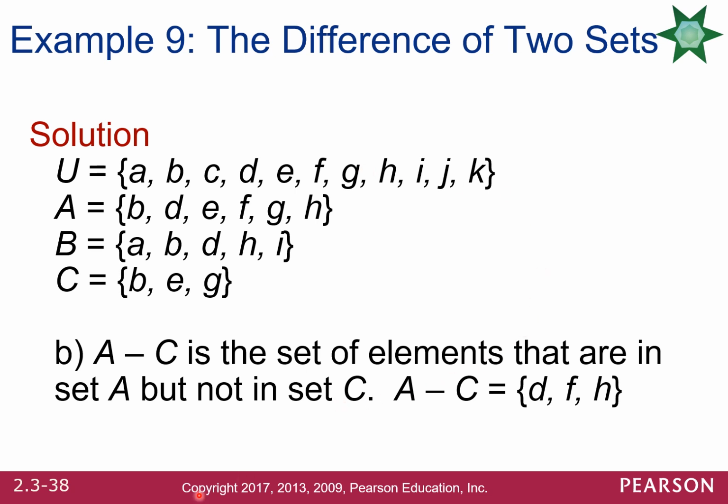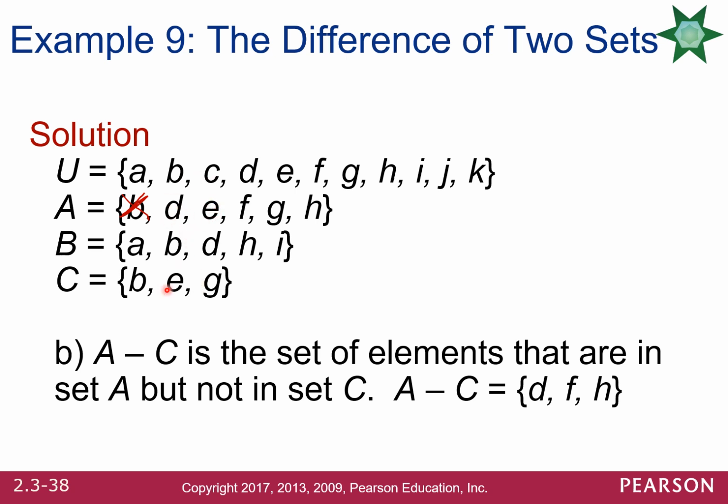All right, so let's go step by step. First, we have a B in A, and that B also exists in C, so we have to cross out the B. The next one is a D. D does not exist in set C, so we are good with that.